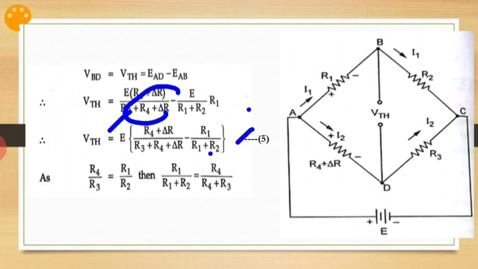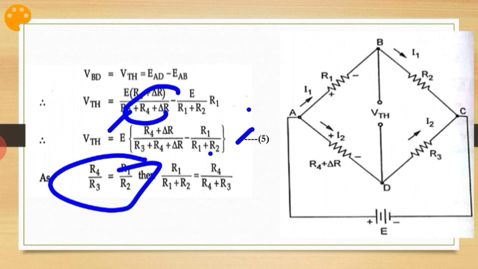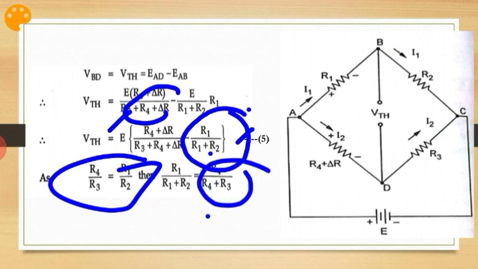Now this is the balance condition we already obtained: R4 divided by R3 is equal to R1 divided by R2. Then we can write R1 divided by R1 plus R2 is equal to R4 divided by R4 plus R3. In place of R1 divided by R1 plus R2, I can write this equation. I will show you here.